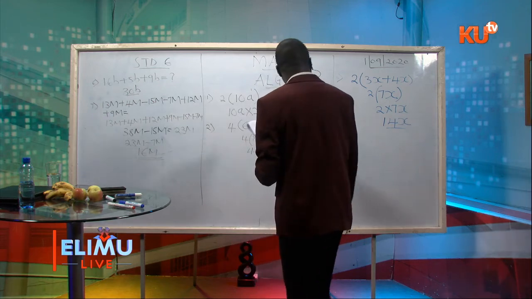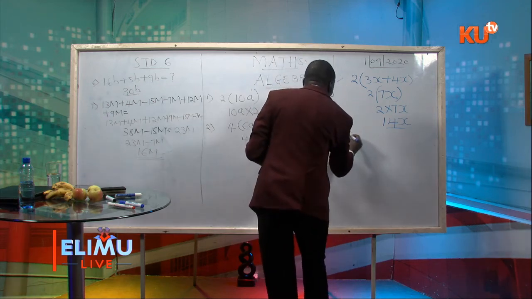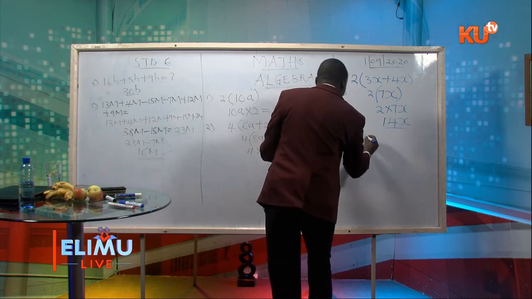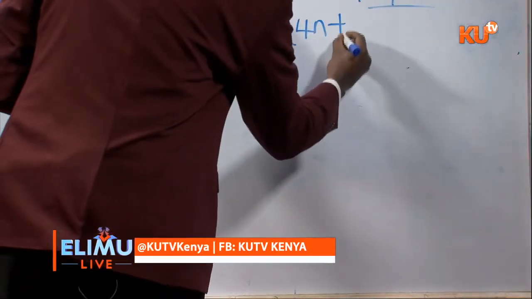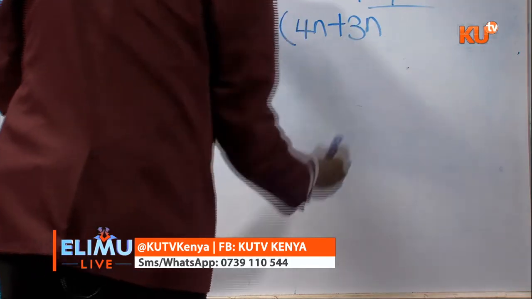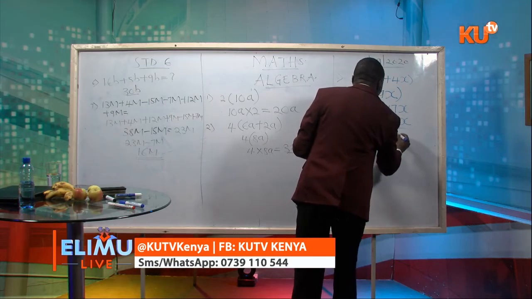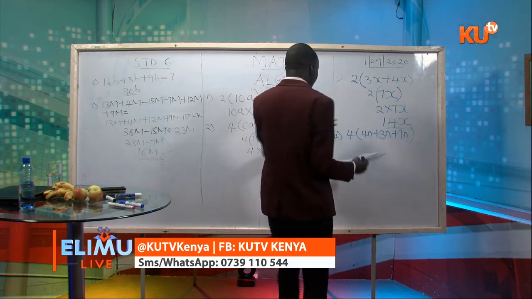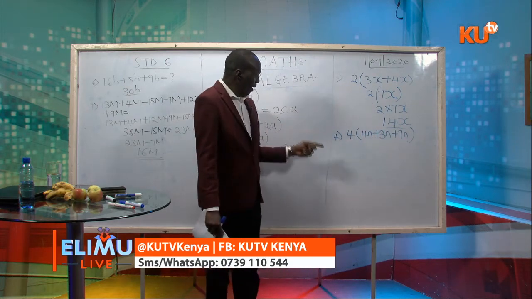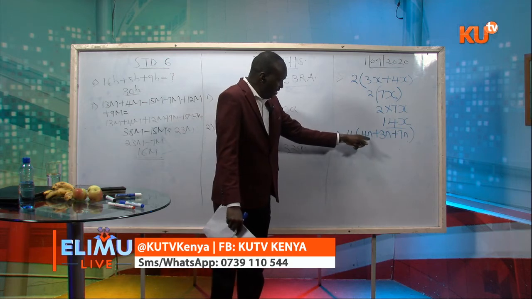Our next example is 4, open the brackets, 4n plus 3n plus 7n, close the brackets. I said we add what is inside the brackets if they are like terms.